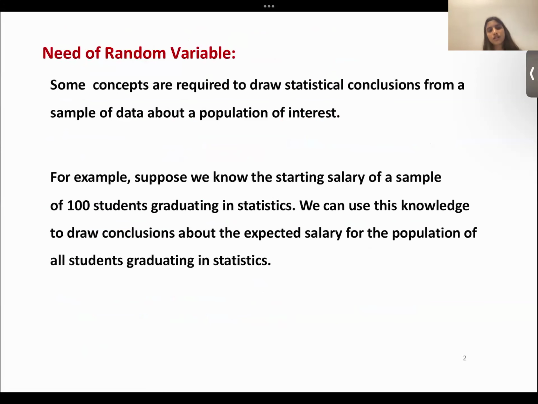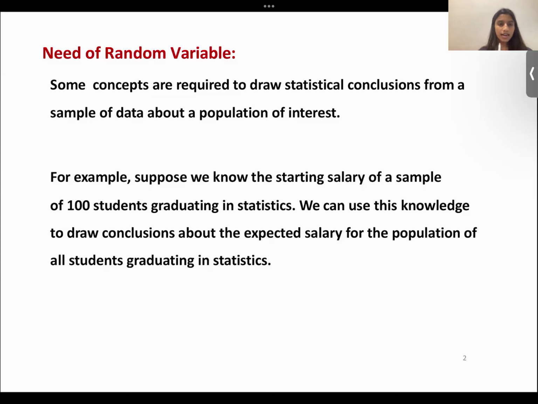So like some concepts are required to draw statistical conclusions from a sample space. So we know that the salary of a sample of 100 students graduating in statistics. So yeah, if you want to know something, we need to compute numbers. You can't do anything with terminology. Like let's get back to our tossing a coin example.